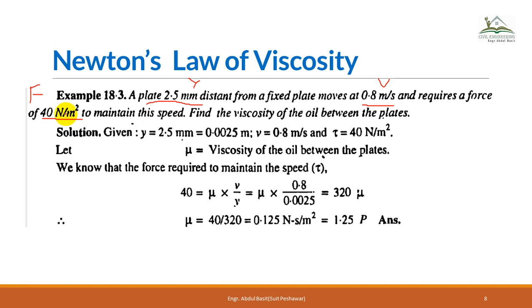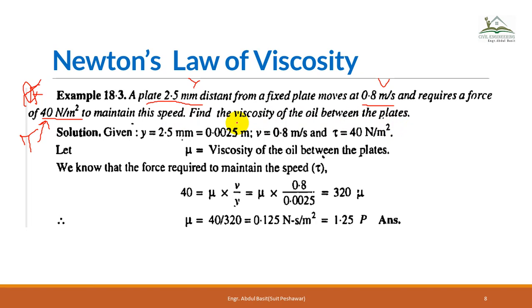This is not force, okay, Newton per meter square is given, so this is tau actually. This is shear stress actually, not shear force. To maintain the speed, find the viscosity of the oil between the plates.